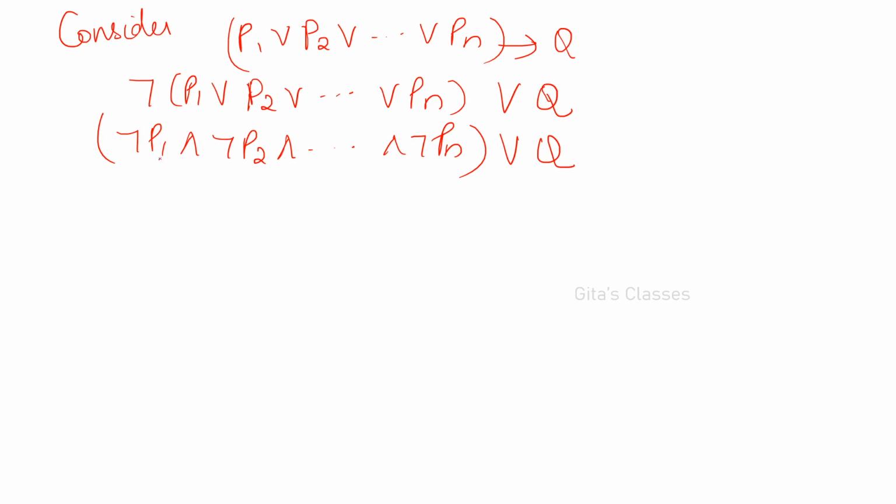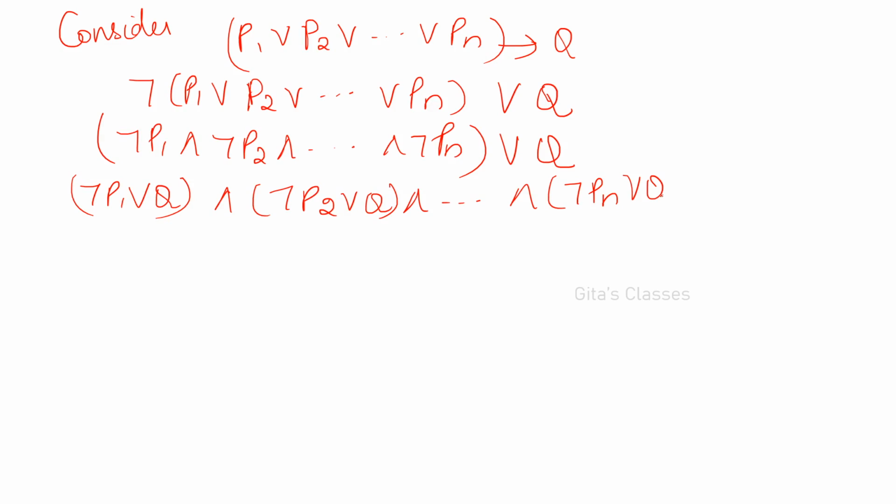Now here you have the connective AND and here you have the connective OR, and all are different variables. Therefore, which law will you apply? Distributive law. So not P1 or Q, and not P2 or Q, and so on, and not Pn or Q. What is not P1 or Q?